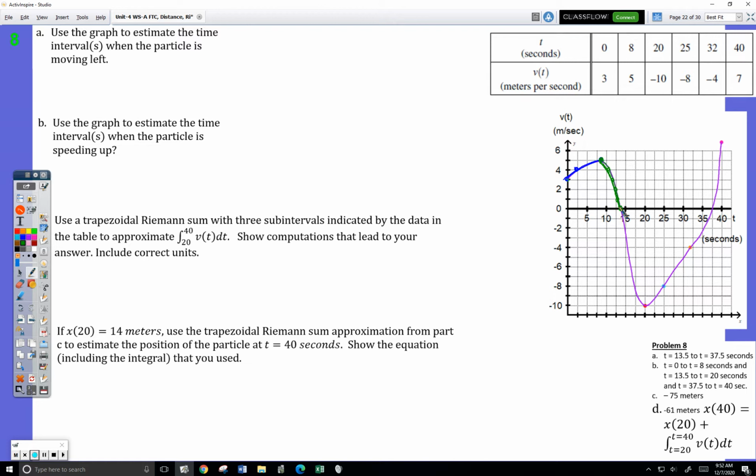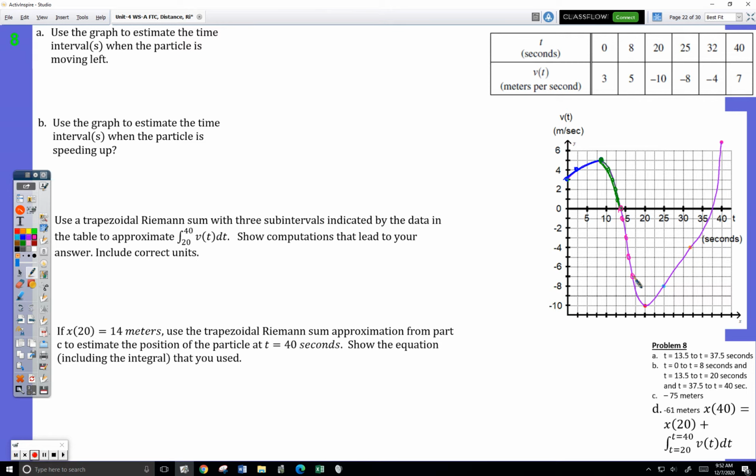Cool. Now it's not trickier, you just have to pay closer attention. So now the velocity is 0, that means the particle is at rest. Now the velocity is -1, -3, -5, -7. So because the velocity is becoming more negative, the velocity is decreasing.